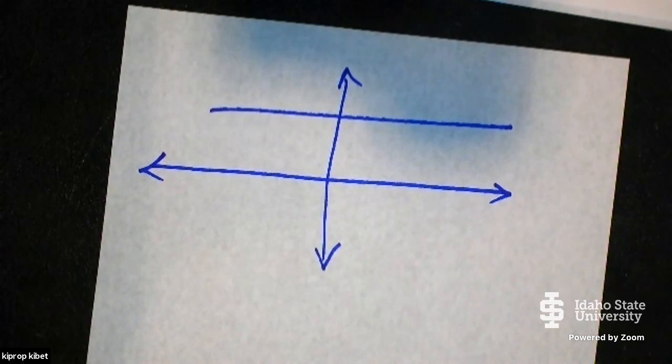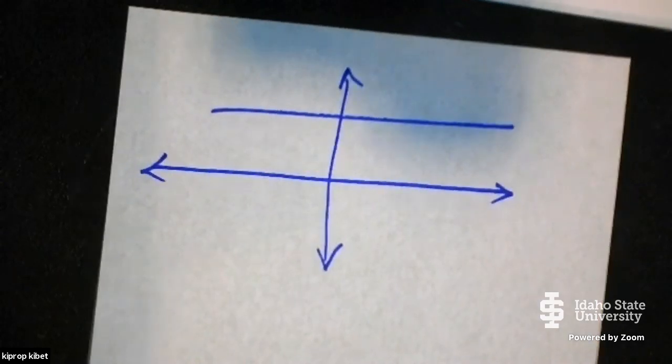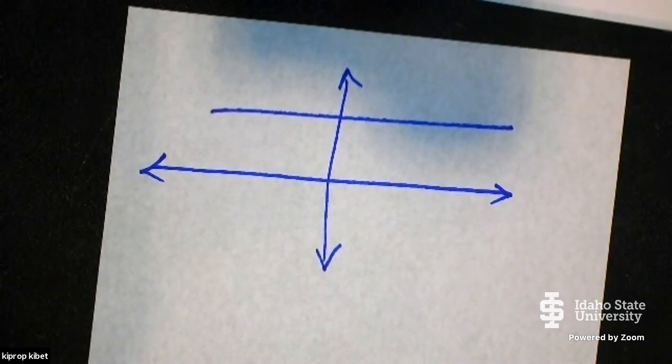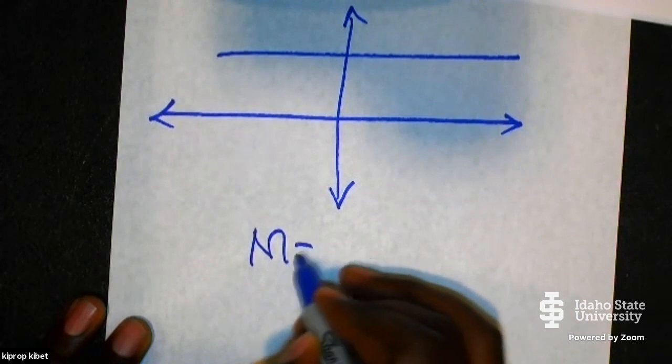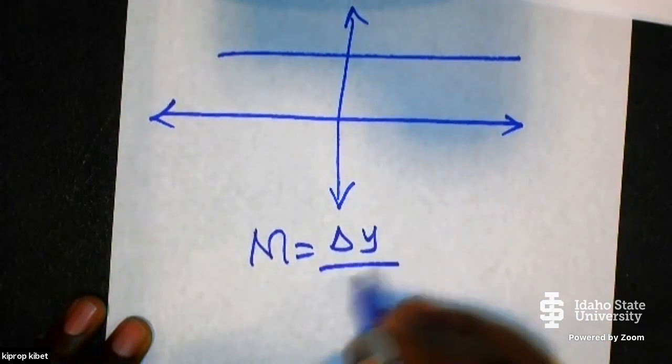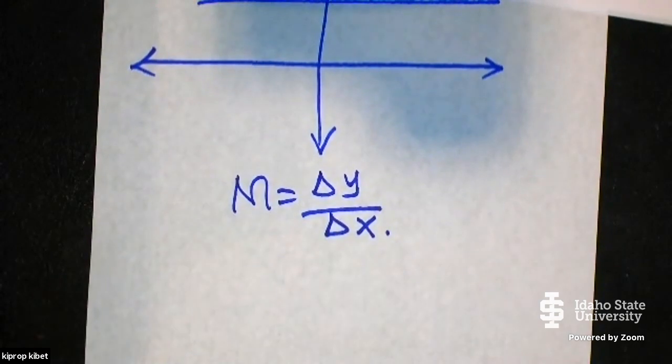What is the slope of that line? 0. So how will we solve that? So we know that the slope, which is m, equals change in y all over what? Change in x, right?